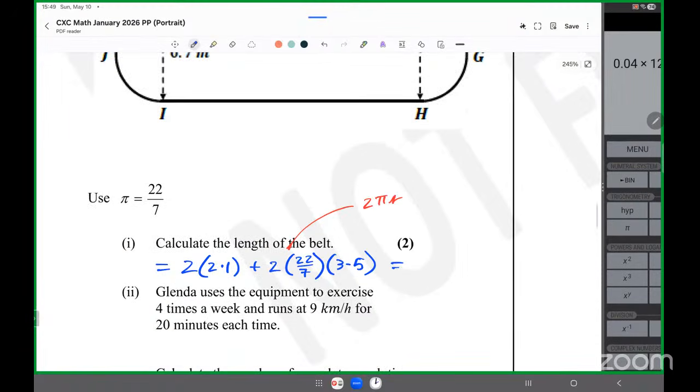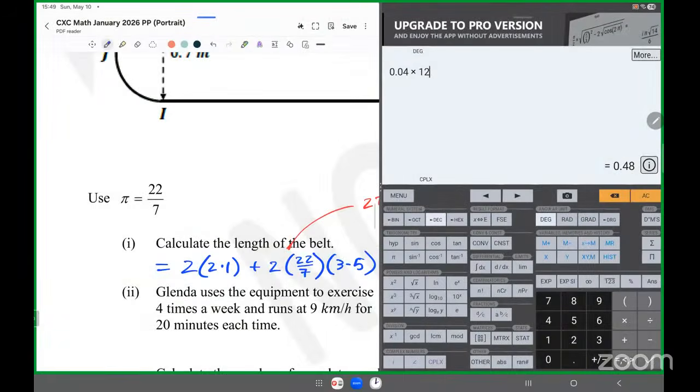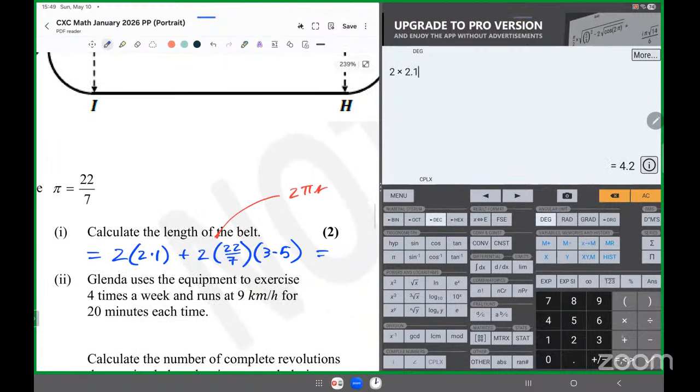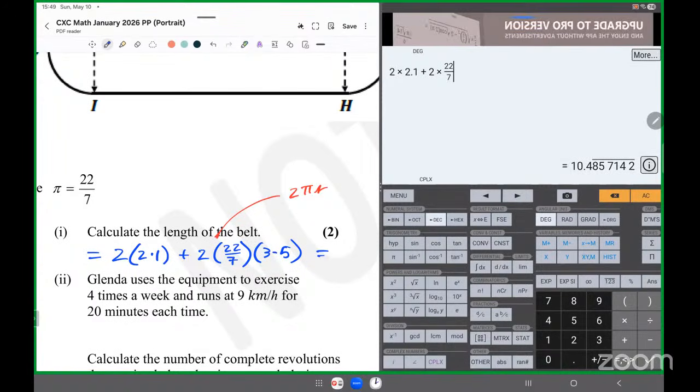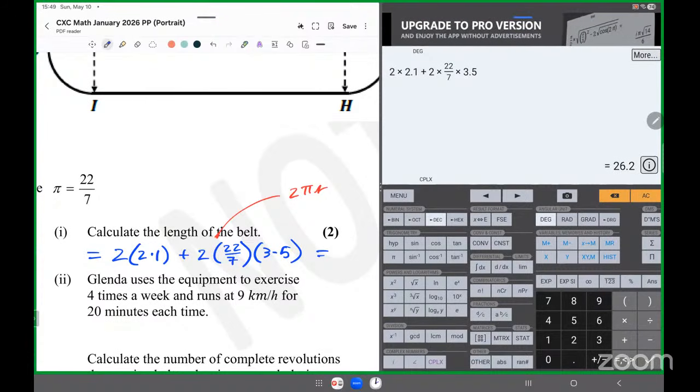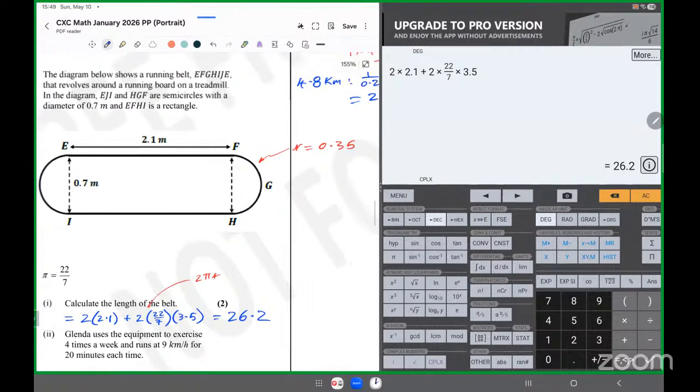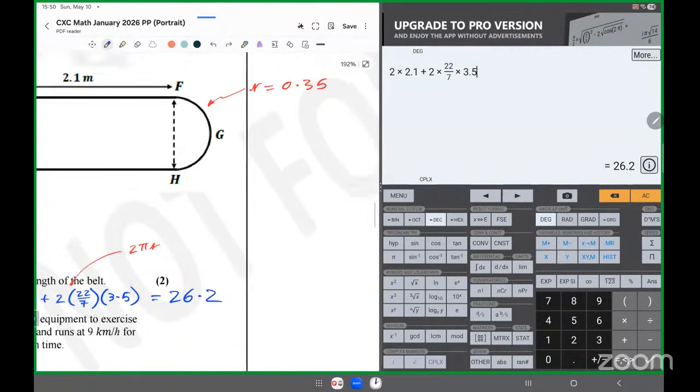Let's put this all in the calculator. So it becomes 2 times 2.1 plus 2 times a fraction, 22/7, times 3.5. 26.2 meters.